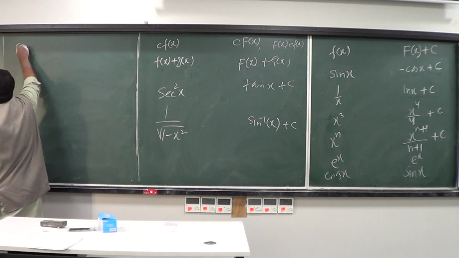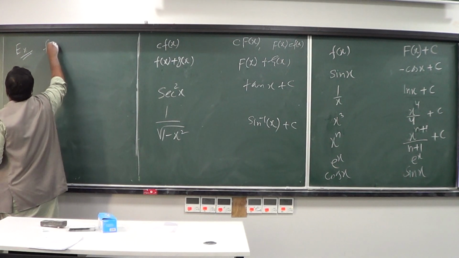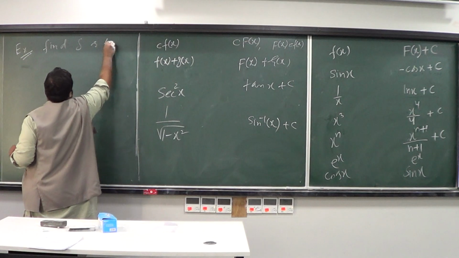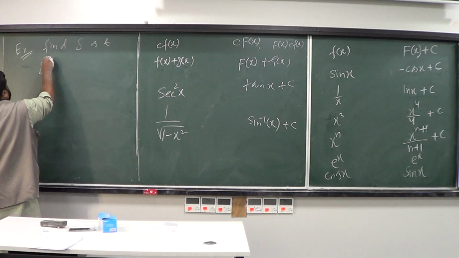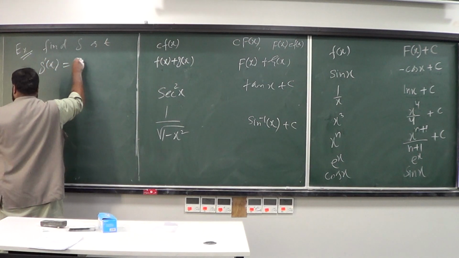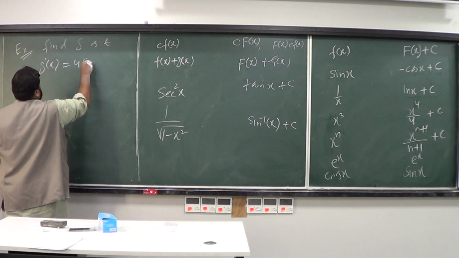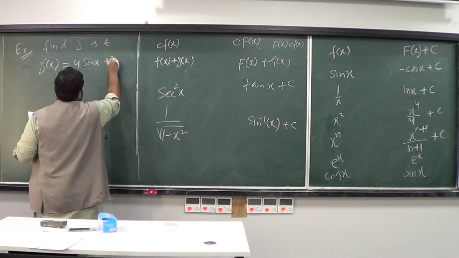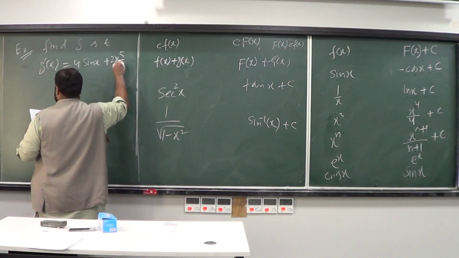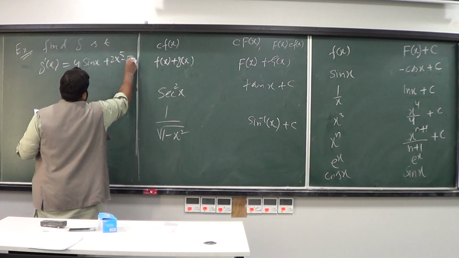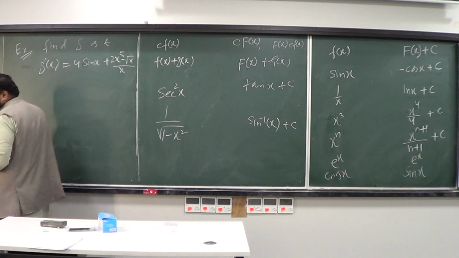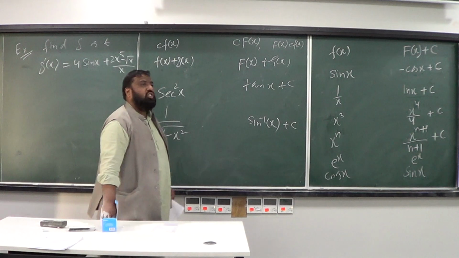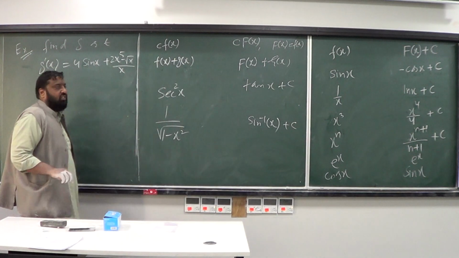So the first example is: find G whose derivative is 4 sine x plus 2x power 5 minus square root of x, all over x. I want to find the function whose derivative is given to me.